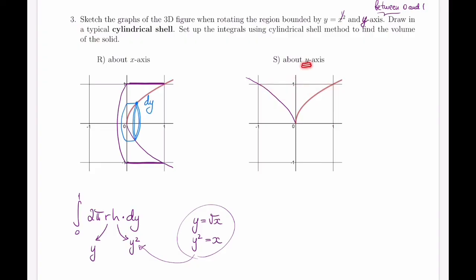If I am rotating around the y-axis, it means my cylinders have to grow around the y-axis as the core. So this is where they're going to be. And this time, they aren't actually very difficult, I think, to visualize. They will be a little bit more complicated to set up. What you have to realize is that all of the cylinders that you're going to have to build will have this as their base.